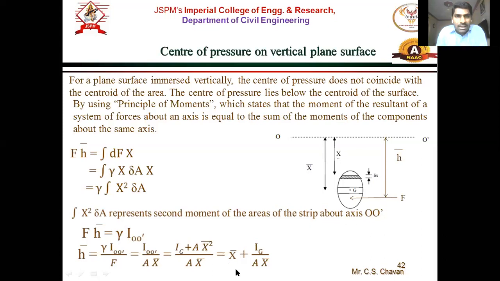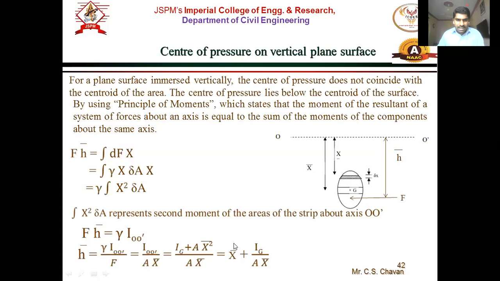So this is the final expression to find the center of pressure, that is the position of this total pressure force. So the total pressure force F will be acting at depth h bar. This much will be the depth of this total pressure force which is acting.